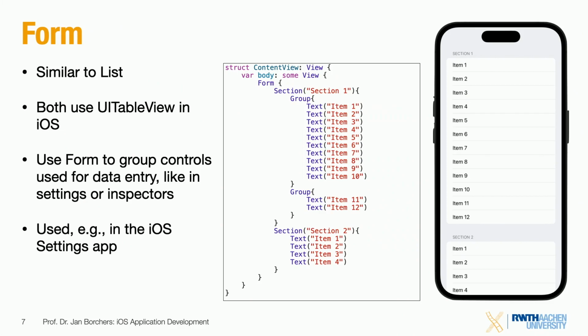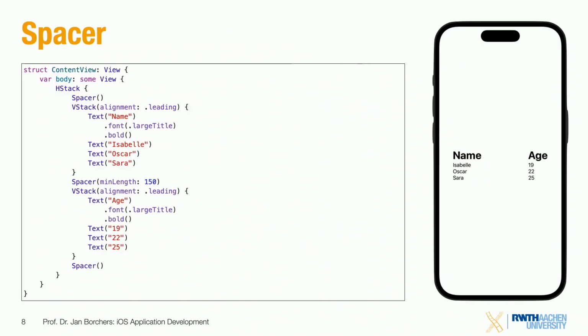What you may end up working with occasionally when you need to position things on the screen is spacers. So spacers are basically elastic, extensible distance creators between items. And if you have a couple of them in your interface, for example, a couple of vertical spaces, they will distribute the available space between them equally.